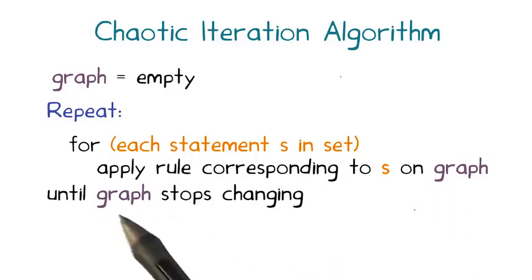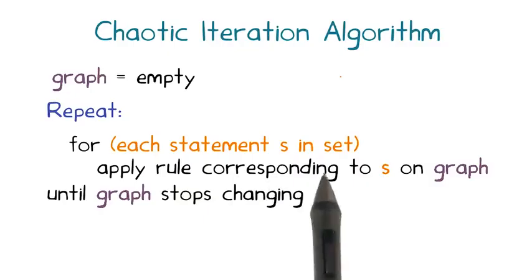We continue applying these rules until we iterate through the entire set of statements without making any changes to the points-to graph. At that point, we terminate the algorithm. Now, this is a basic algorithm for pointer analysis, and it sweeps many implementation details under the rug. In practice, pointer analysis algorithms will use a more efficient traversal of statements.